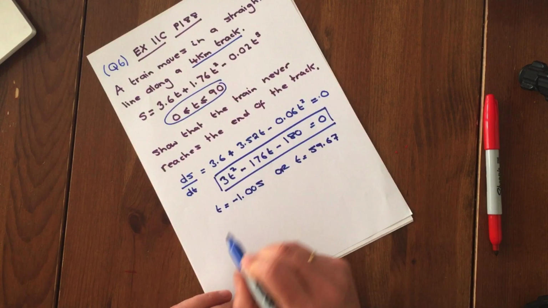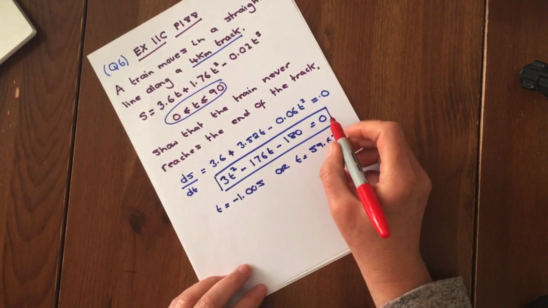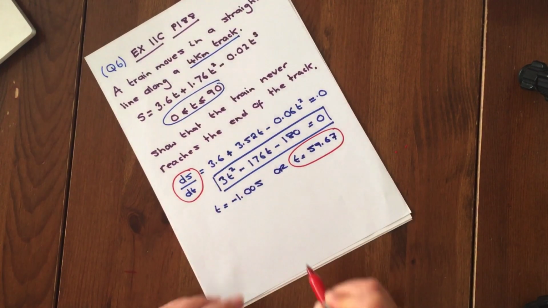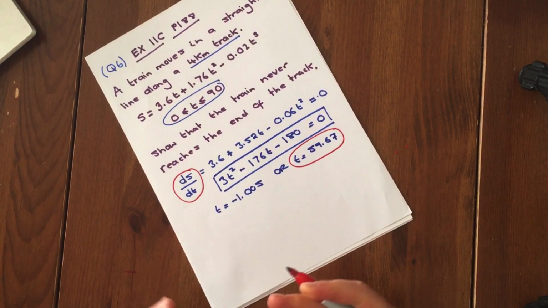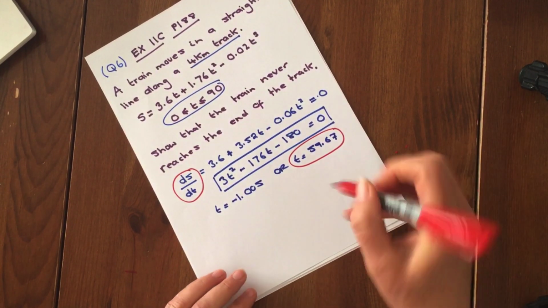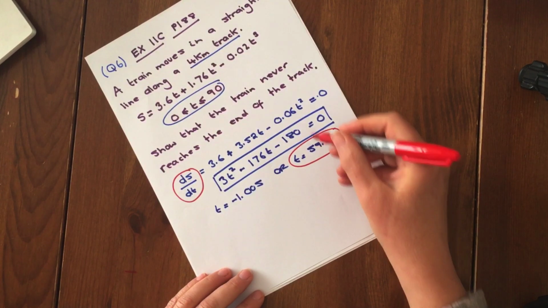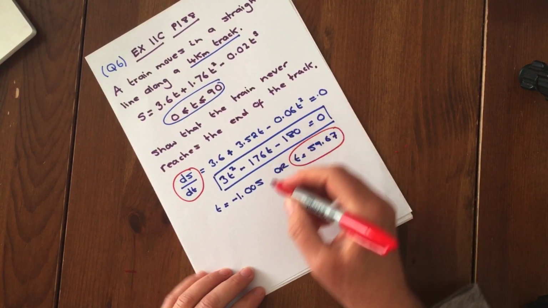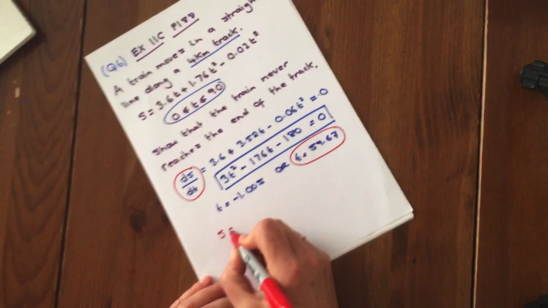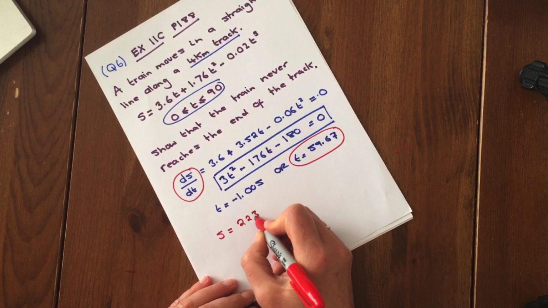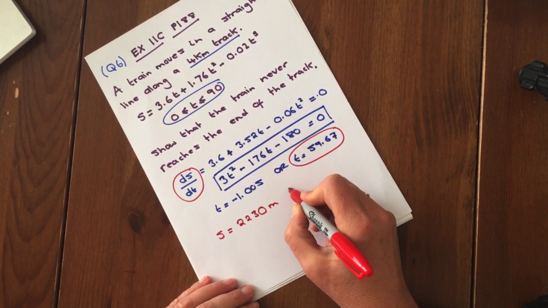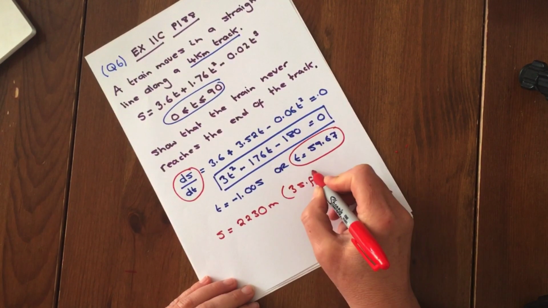But obviously time can't be negative, so this must be the time when I have ds by dt equal to 0, i.e. the maximum distance. So my last step is just to put this value into my original equation for S, and if I do that, I will get S equals 2230 meters to the nearest 3 significant figures.